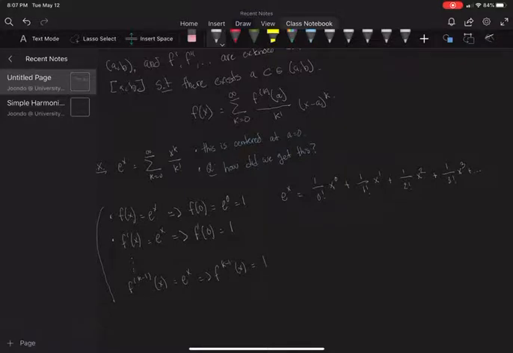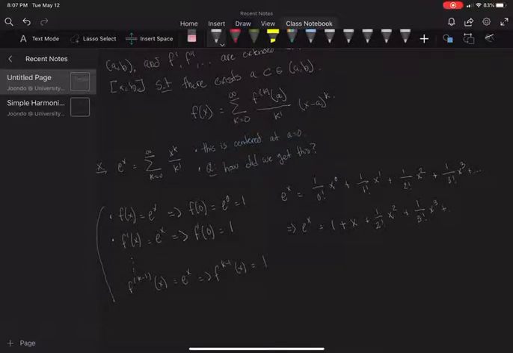So if you expand this, e to the x, and 0 factorial is 1 by the way, x to the first power is just x, so we have 1 plus x plus 1 over 2 factorial x squared, plus 1 over 3 factorial x cubed, and so on.